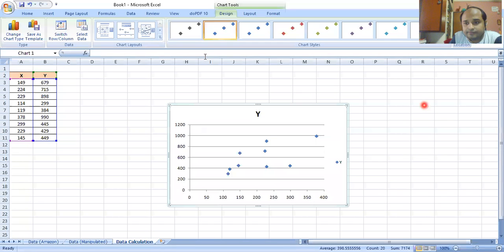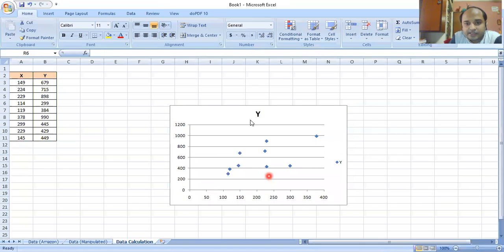Now you see, can you see how the data are scattered around? This is called the capital X axis, and that is called the capital Y axis.